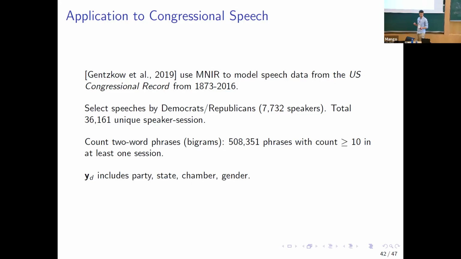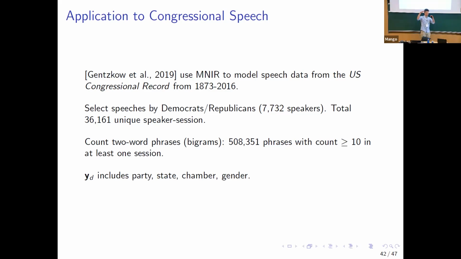So in this sample period, there are 7,732 speakers. The US has a two-party system. I have to admit, I'm not sure how they deal with, so I think at certain points in this period, there were other parties, like the Whig Party or something. I'm not exactly sure how that's treated, but certainly in the last 100 years, we can think of there essentially just being two political parties. And the structure of the US Congress is such that there are two houses.